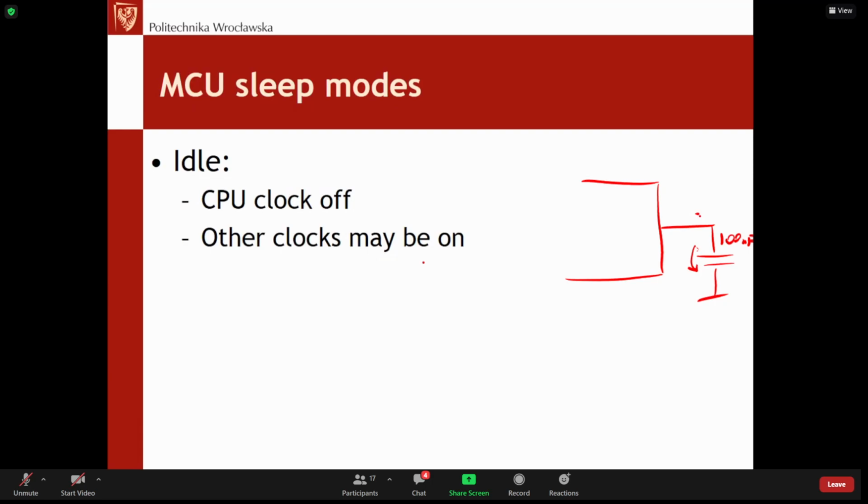Then when we try to wake up the microcontroller, the voltage at this point will not rise very quickly, but will rise depending on the capacitor value and on the serial resistance, which would cost us some milliseconds of wasted time. Therefore, normally in case of idle and standby modes, only the CPU and other clocks are switched off, and the power supply is kept.